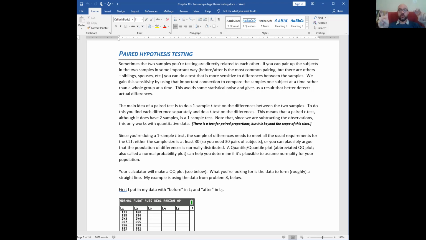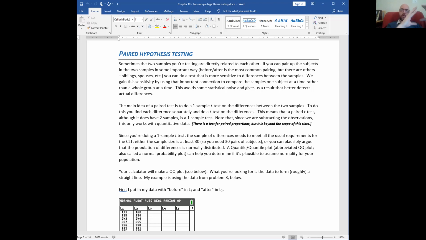It allows them to control for genetic makeup by doing something to one twin and not to the other twin. You give one a placebo and one the actual treatment. But anyway, that's the sort of thing that you need to do a paired hypothesis test. It has to be something like that, really specific.